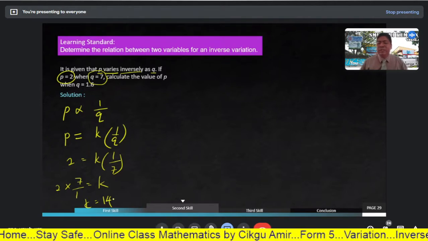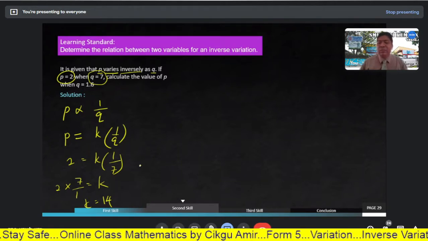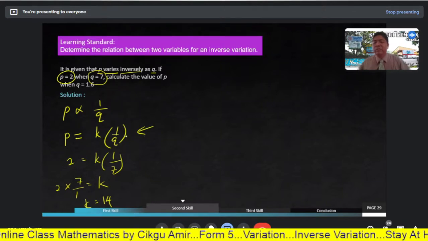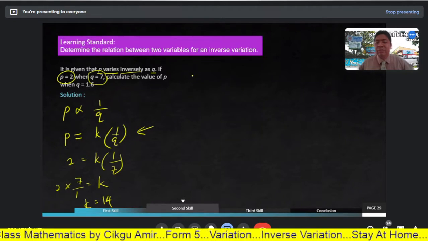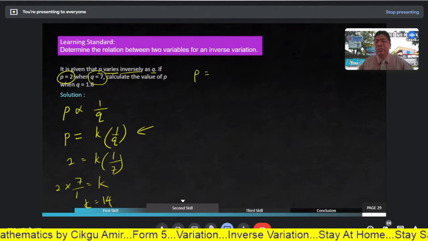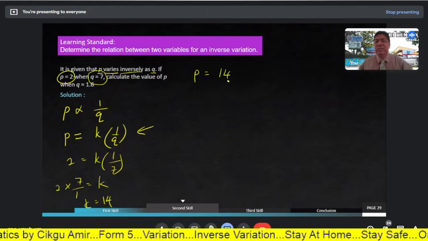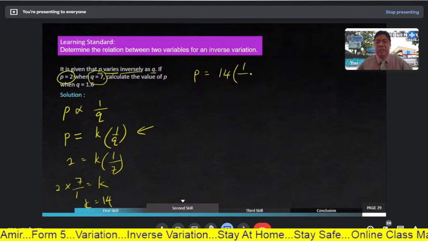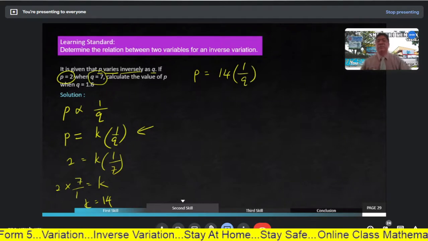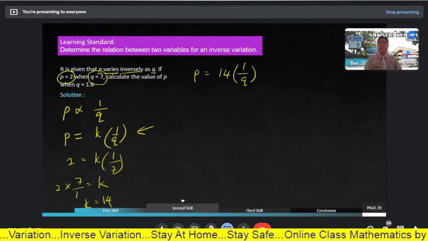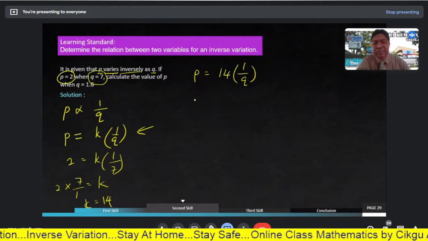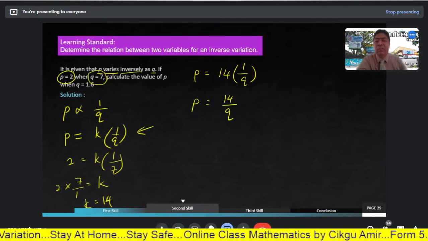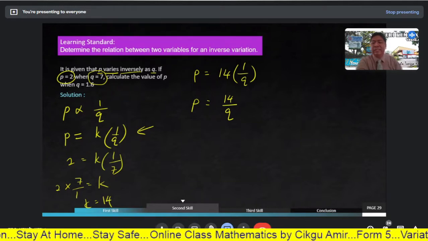So take the value of K, 14, and put it back in equation form. We have P is equal to 14 times 1 over Q, or we can write P equal to 14 over Q. This is the third step.